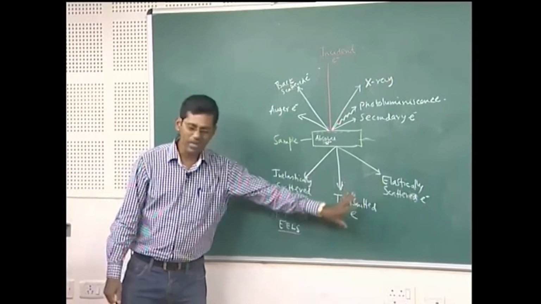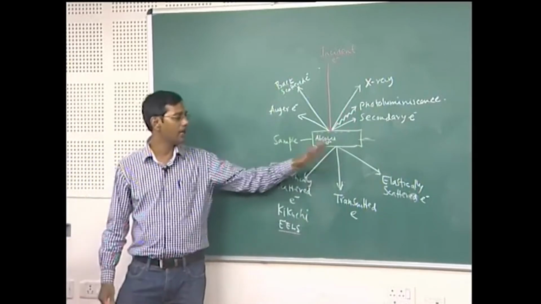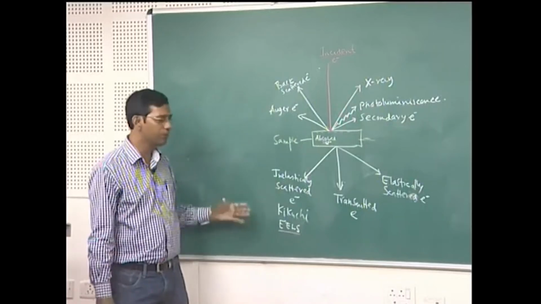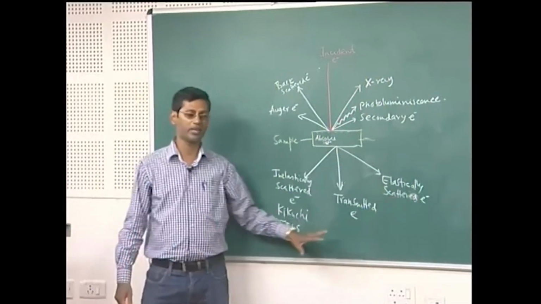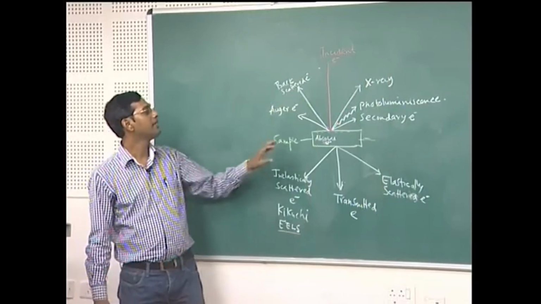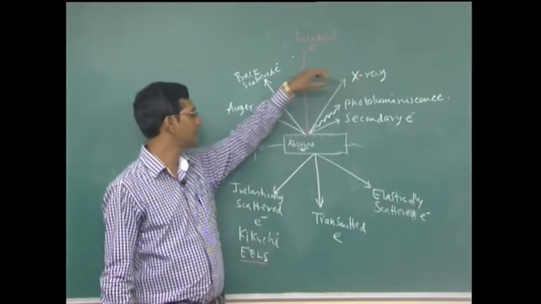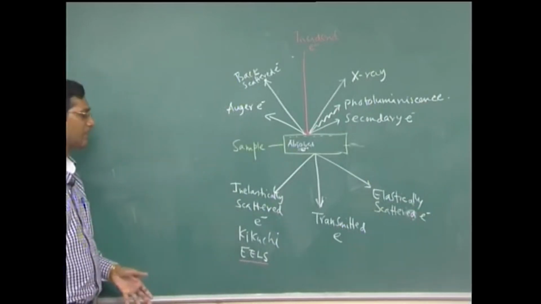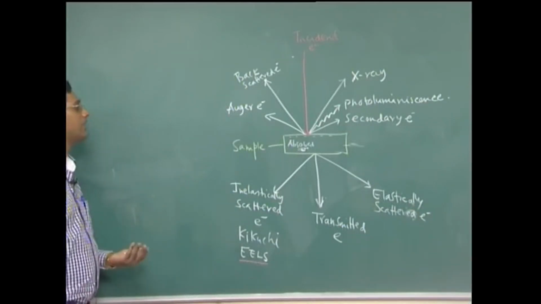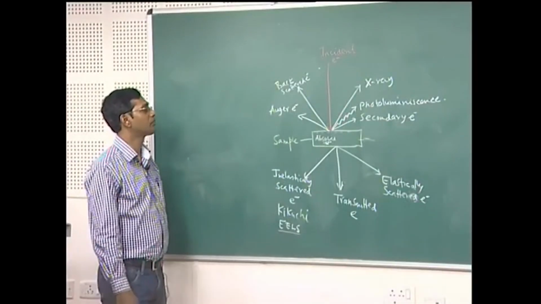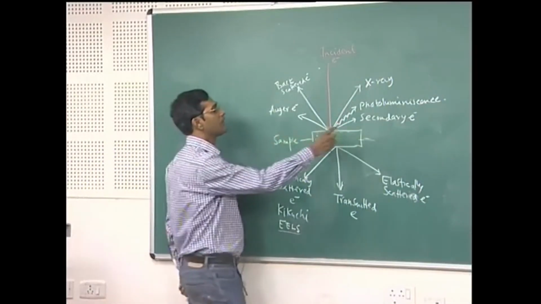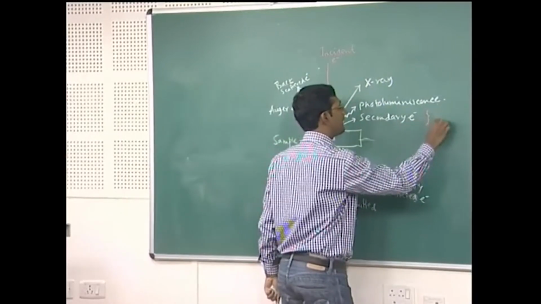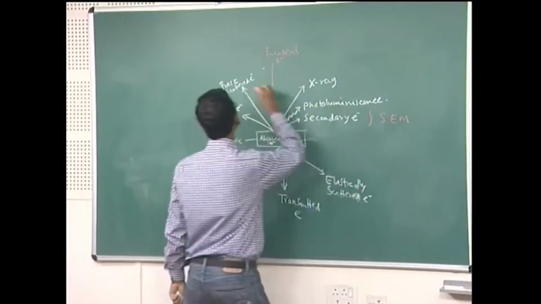The signals which are transmitted and either diffracted or not diffracted can be used basically for the transmission electron microscope. X-rays generated by this kind of interaction with the sample can also be used in the transmission electron microscope, which we will discuss when we discuss EDS or energy dispersive spectroscopy. The electrons described as secondary electrons and backscattered electrons are used in SEM for imaging.